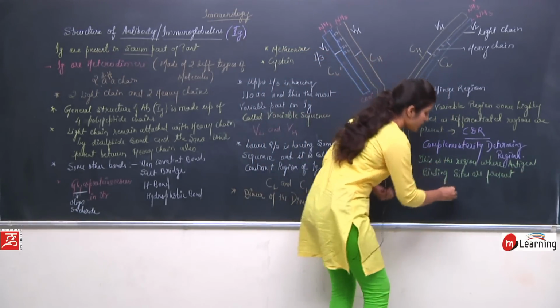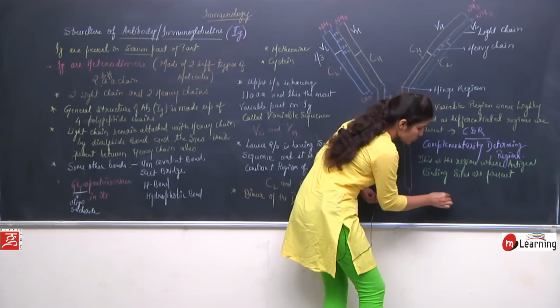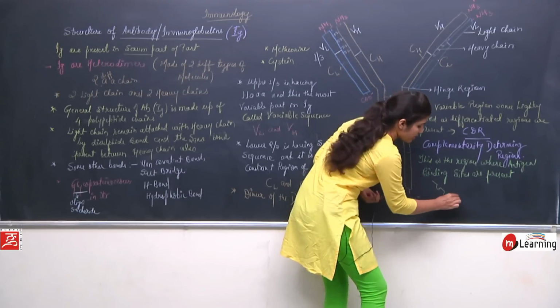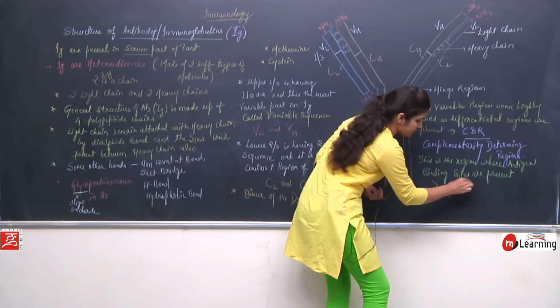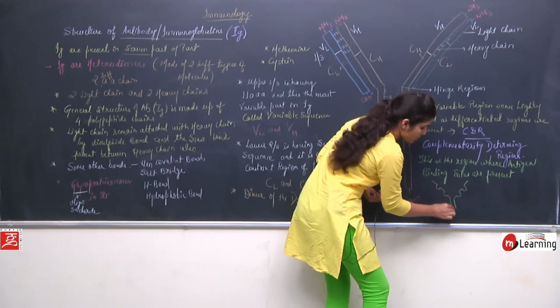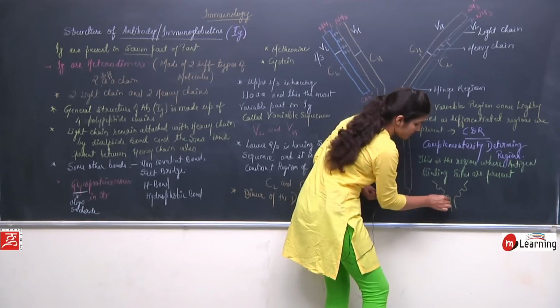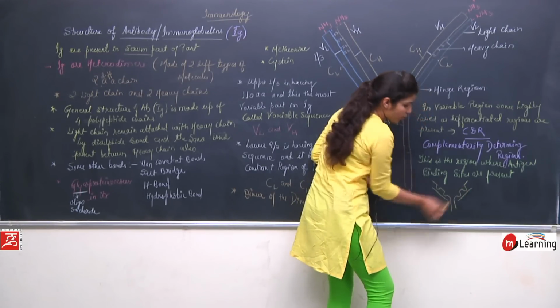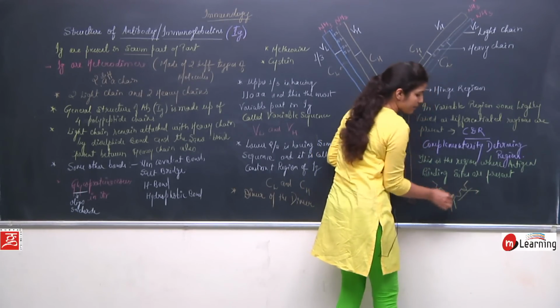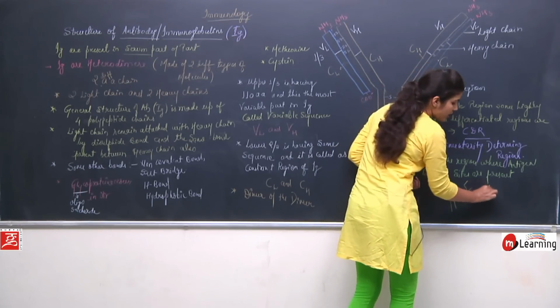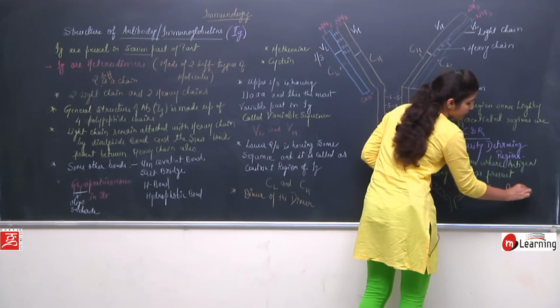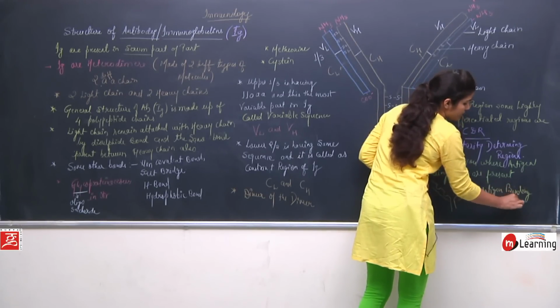Actually, when we magnify this structure, it appears somewhat bulgy, like this. This bulgy kind of structure here, this is actually our antigen binding site.